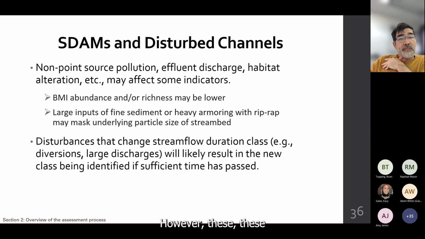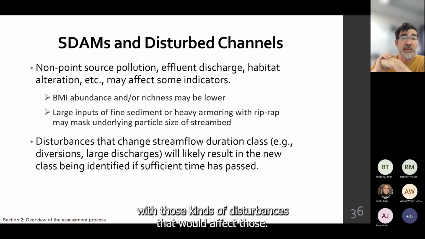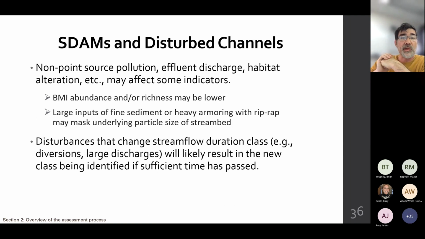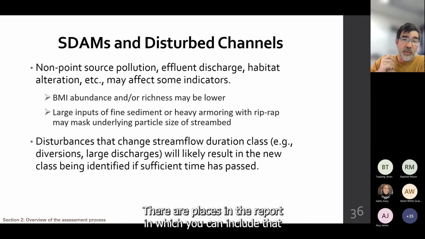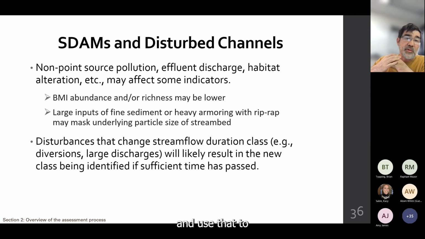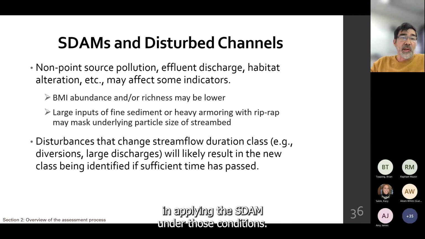However, these will be considered in our model, because we had sites with those kinds of disturbances. So we encourage you to note those conditions when you are doing your assessment. There are places in the report in which you can include that and use that to help you decide how much confidence you have in applying the SDAM under those conditions.